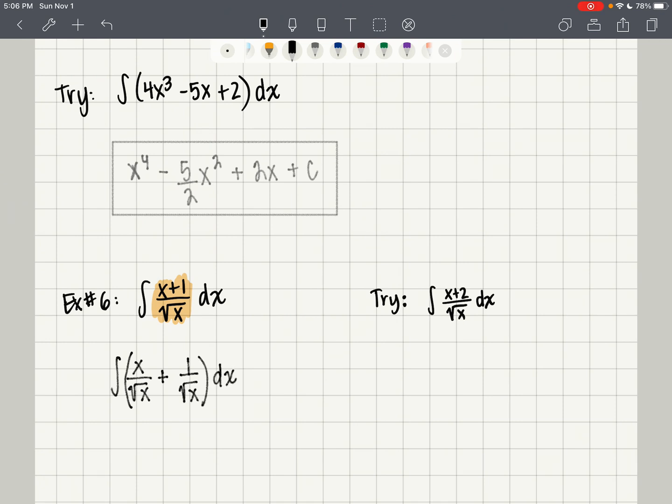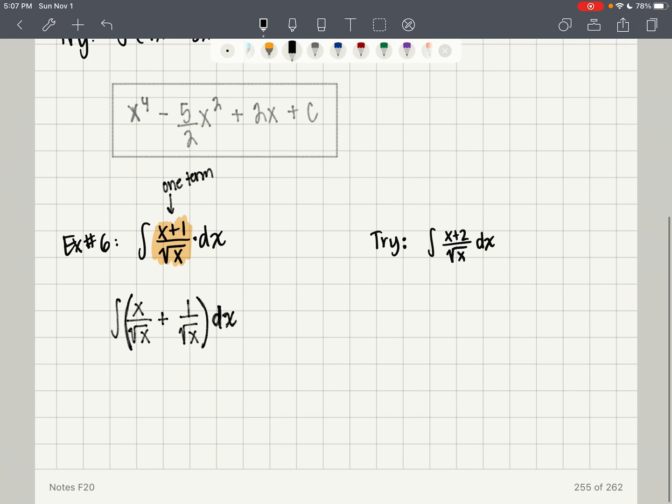Notice how I put that in parentheses. I really wanted to do that in a specific way by using those parentheses to show you that this is one term, so one term times dx. Once I expand it out into two terms, I have to put the parentheses there because the differential goes with each term in the parentheses.